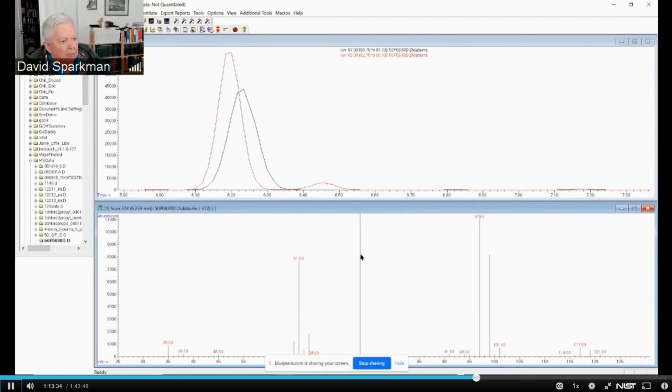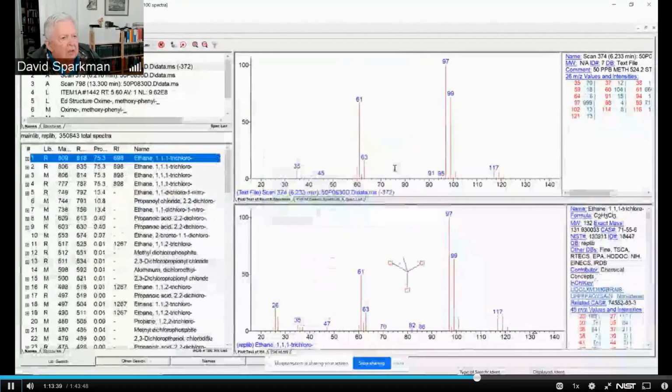And then I'm going to send that spectrum to the NIST program and do a search and look at the difference in the match factors here. And the compound is 1,1,1 trichloroethane. And if I do the reverse in the subtraction, then I am going to end up with the spectrum for chloroform.